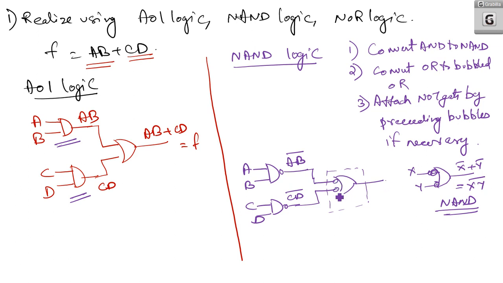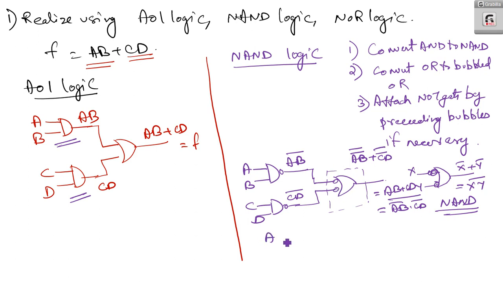Now if it is bubbled OR gate, here what we get? AB bar or CD bar. So what we get is AB or CD. This we can write as AB bar dot CD bar the whole bar. AB bar dot CD bar whole bar is AB or CD. Therefore we can directly convert this bubbled OR gate into NAND gate.